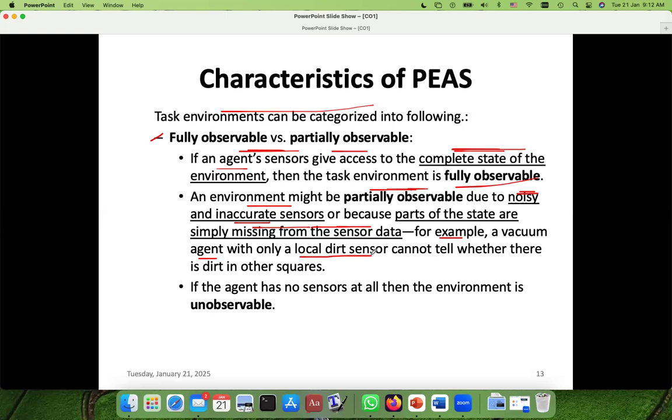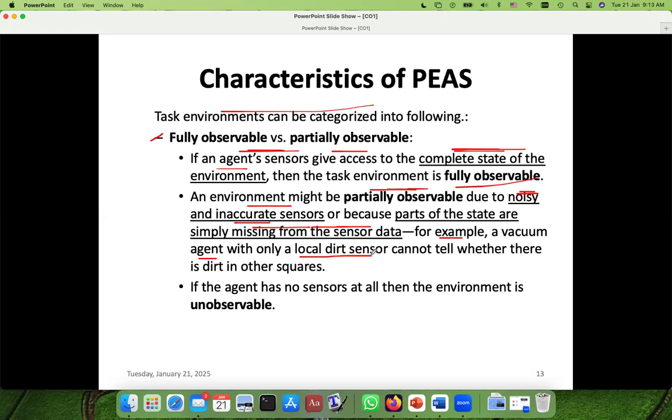That is a local sensor. But if your sensor is probabilistic, then even while your agent is present in location A, it can tell whether the dirt is available in location B or not, because it is probabilistic.